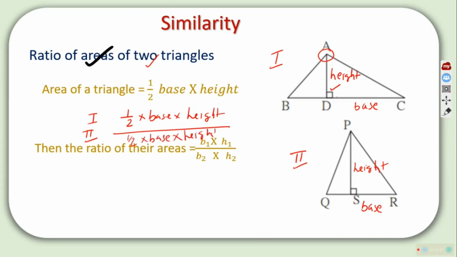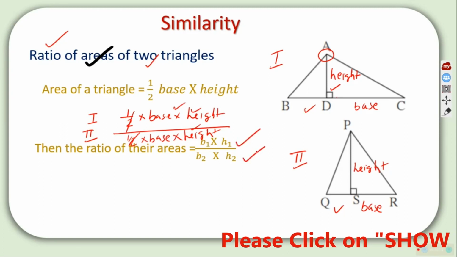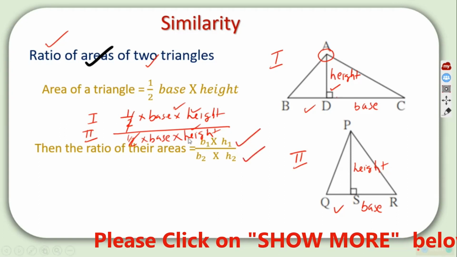And we know that half can be cancelled. Base दोनों का अलग है, एक BC है, एक QR है, height भी अलग हो सकता है. So ultimately the formula of comparing the ratio, compare means ratio of the areas of two triangles can be calculated by comparing the product of base into height. ये आपको अभी ध्यान में रखना है, half cancel हो जाता है.